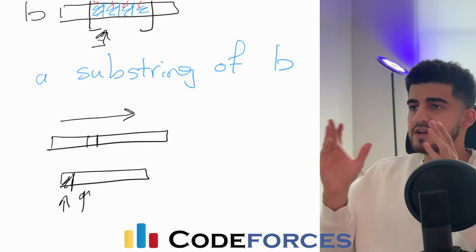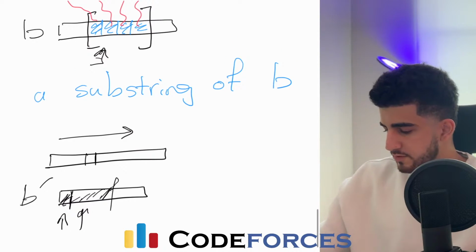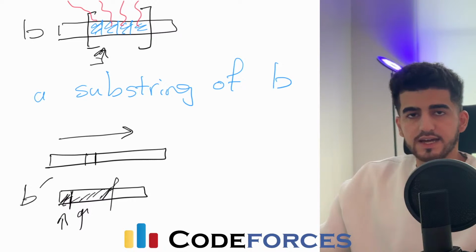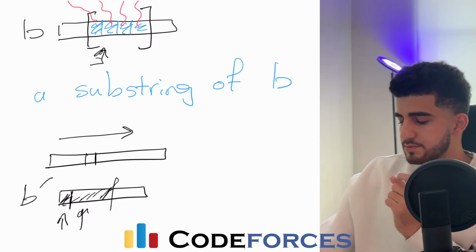So the point is, when I fix it, then a prefix of B, let's call it B prime. Let's fix the first character of that interval and remove the previous ones and call that B prime.